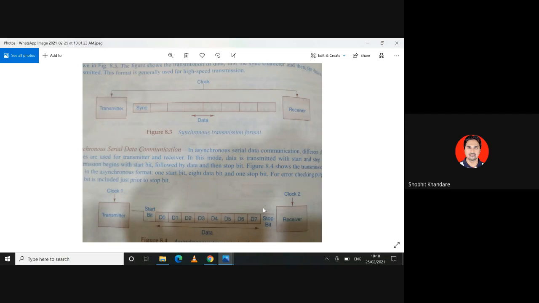Now there is another name for this, transfer rate. So it's called baud or transfer rate.